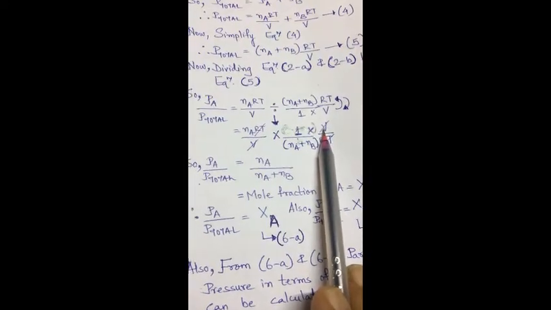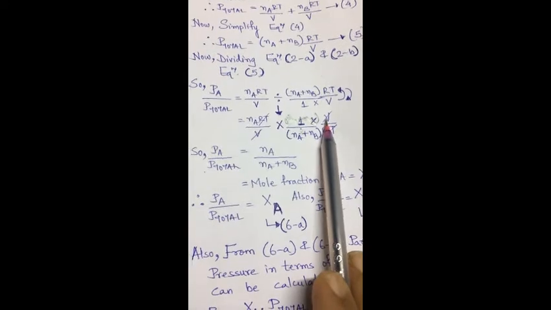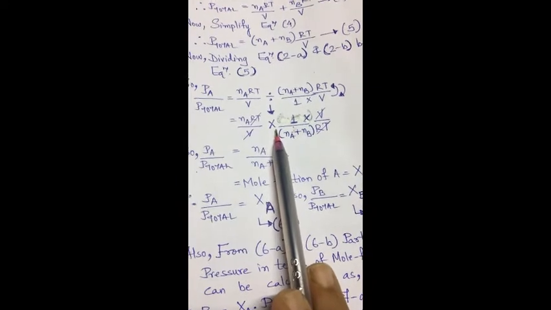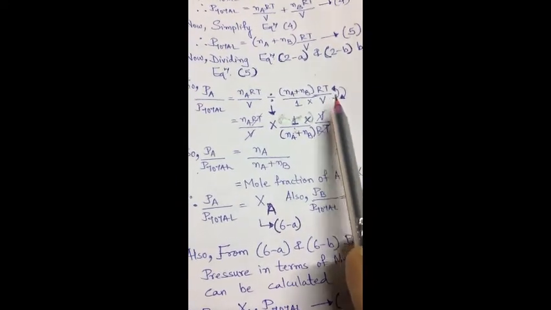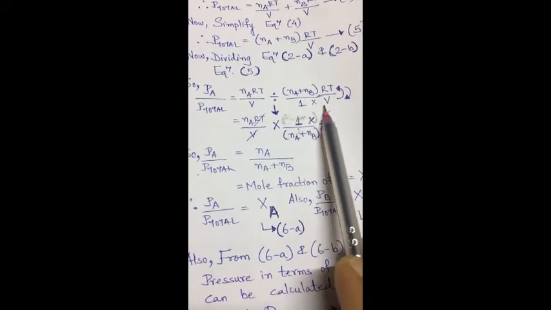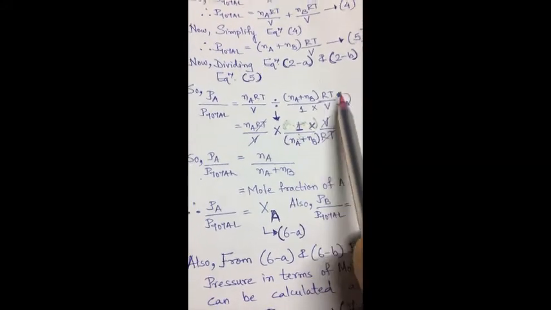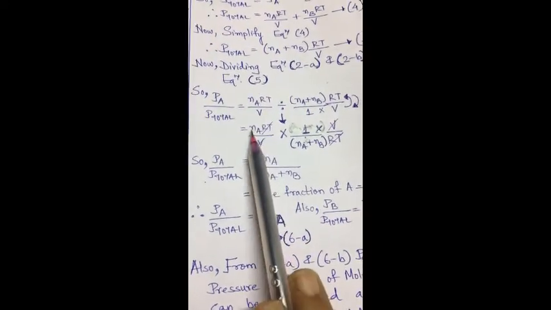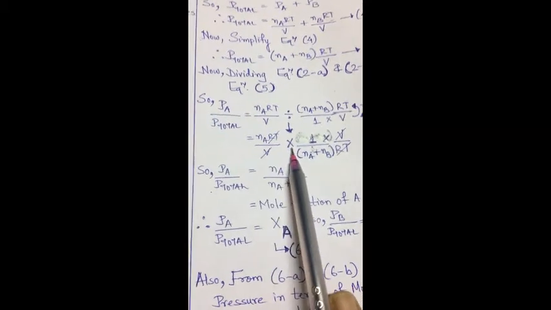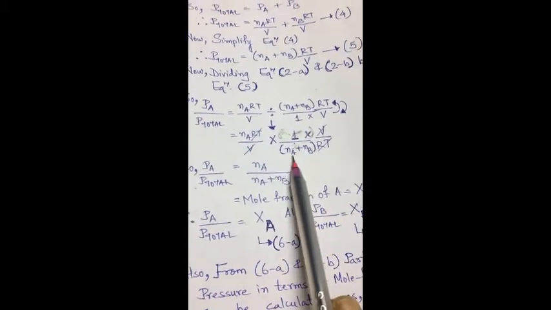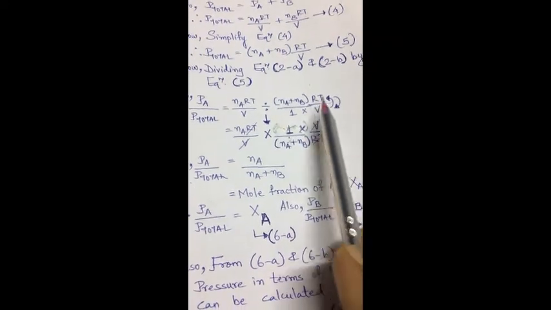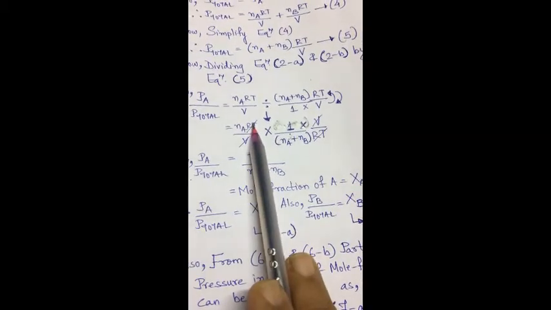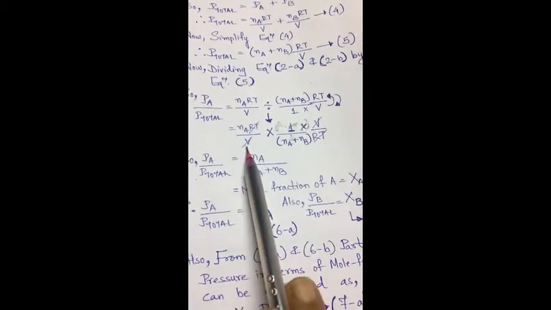Now go back to our 5th standard where you learned fraction operations. If it is division, we change it to multiplication by the reciprocal. What is the reciprocal? The denominator goes to the numerator and the numerator comes to the denominator. So this step will remain as it is, nART upon V multiplied by 1 upon nA plus nB into V upon RT. Clear? Now see the cancellation: RT and V by V are cancelled.